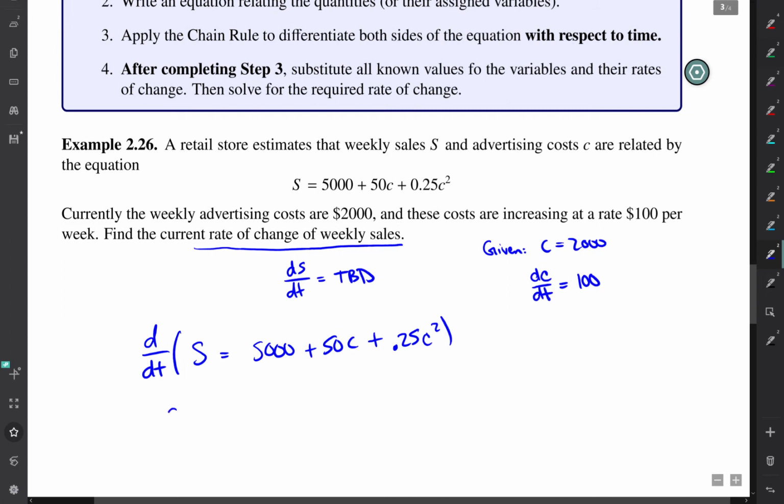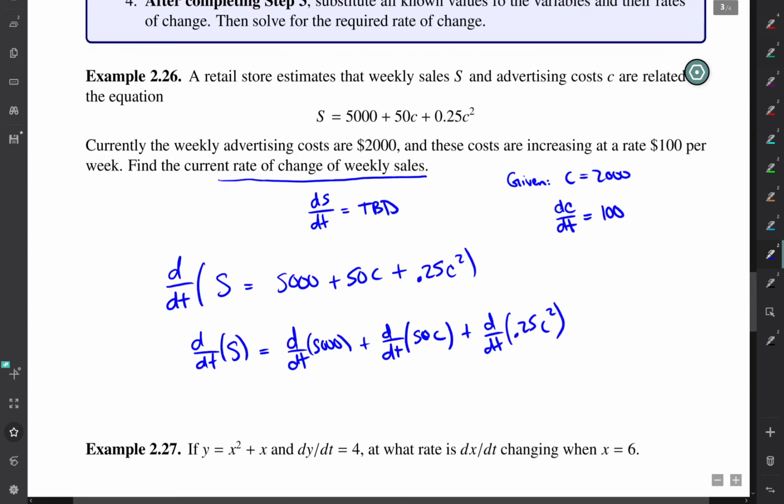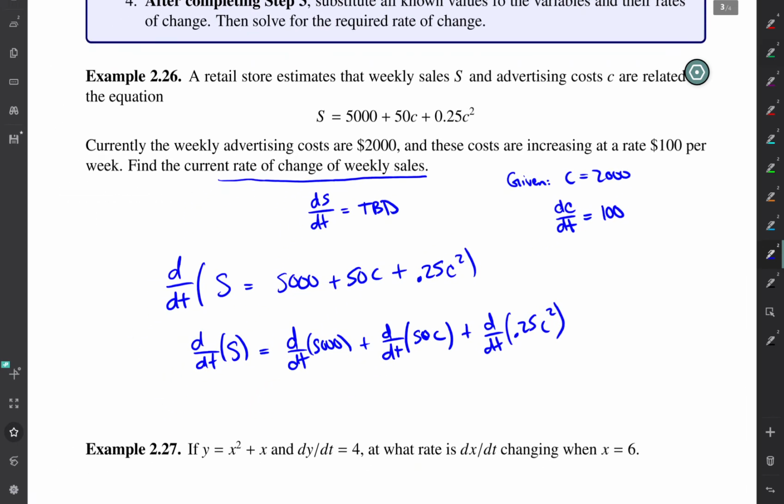And again, because the derivative respects addition, we can do d/dt of S, d/dt of 5,000, plus d/dt of 50C, and then plus d/dt of 0.25C squared.